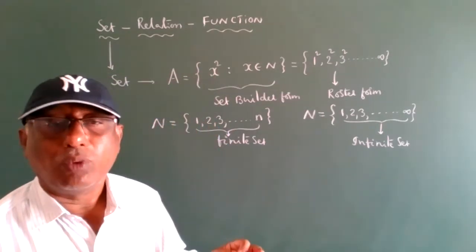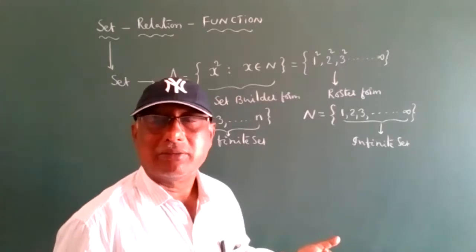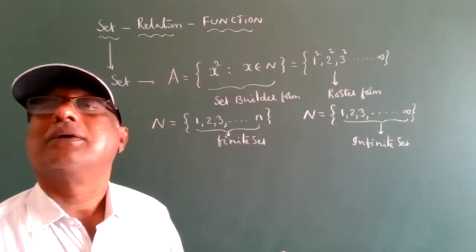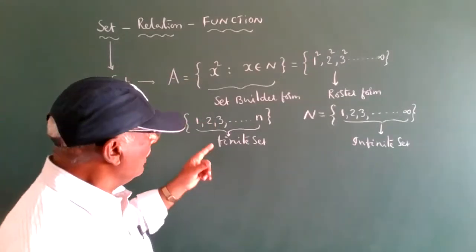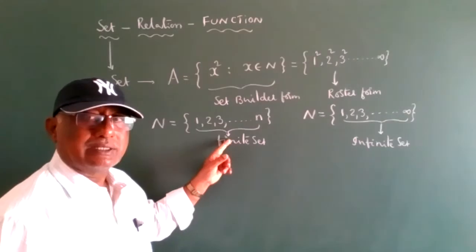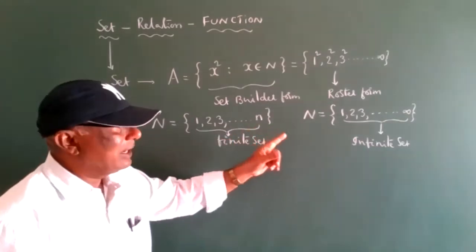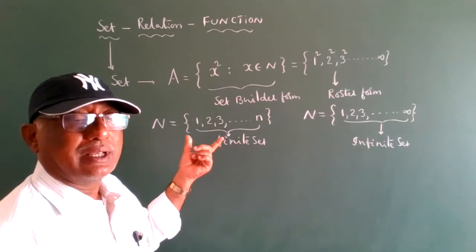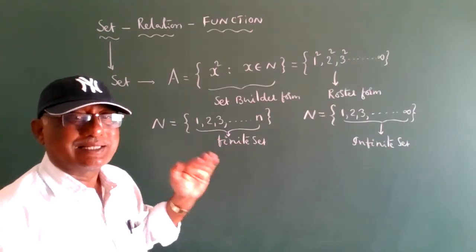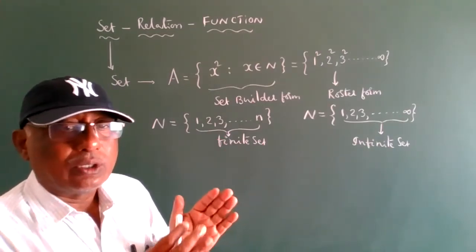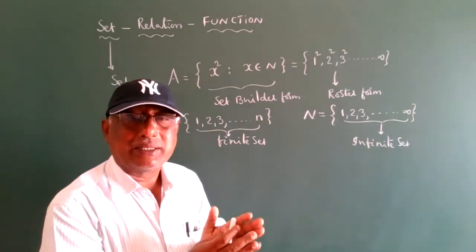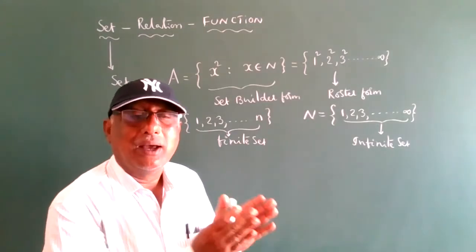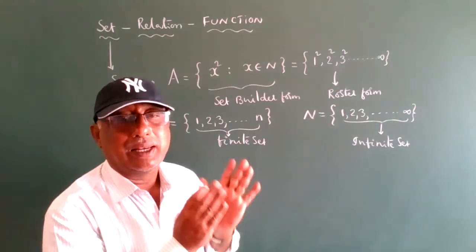Next, what I am telling is, finite set is clear and infinite set is clear. So next, subsets. What is a subset? A subset should be written with some elements or all elements.